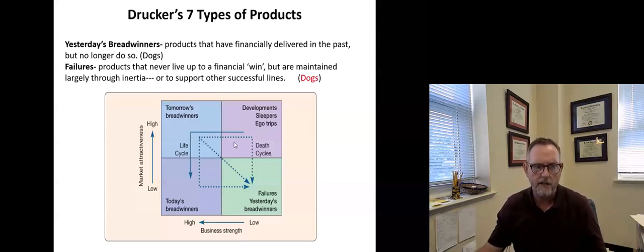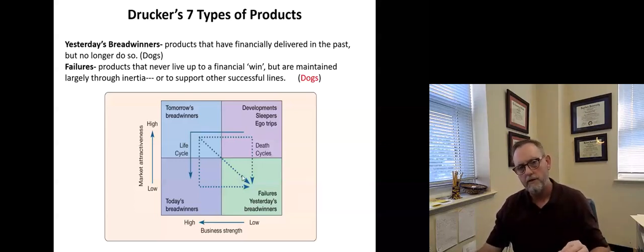So we want to use the solid line here, and we want to go from right to left, and then down. So we go from development projects, tomorrow's breadwinners, to today's breadwinners. Now they will eventually make the full circle over to the dog category, but the goal is to move them from the development to tomorrow's breadwinners to today's breadwinners, right? That's kind of how we want to make that happen.